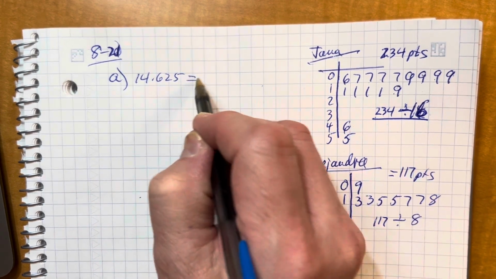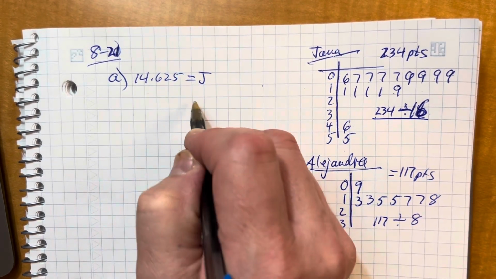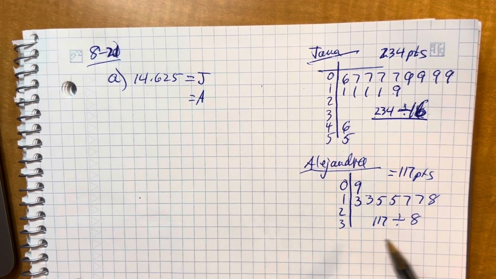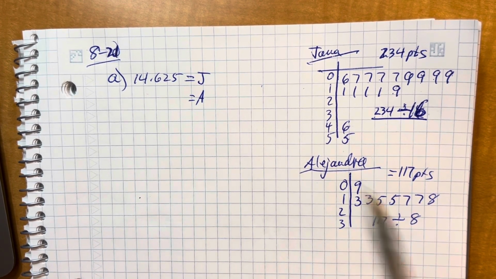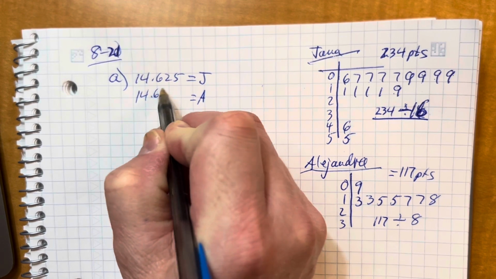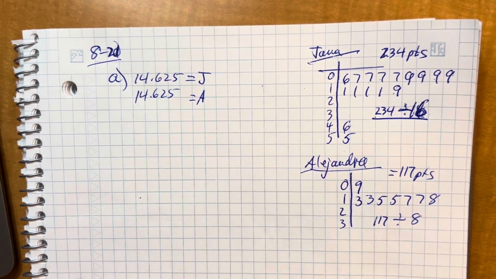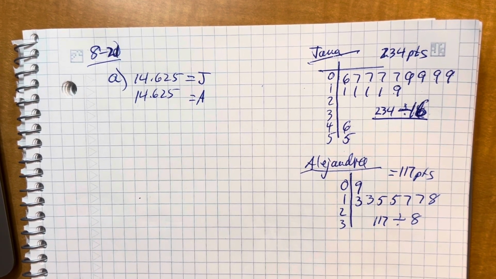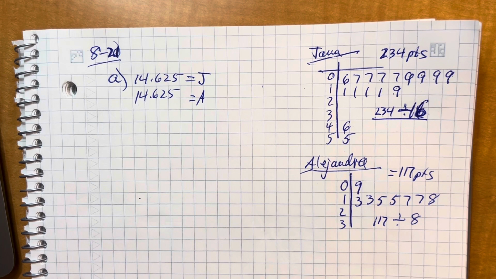That is Jana. Then Alejandra's, when you take 117 and divide by 8, that's the same thing, 14.625. So if the coach said, I wonder, by looking at their stats of scoring, which one would have the higher average? Well, you can't tell. They both have the same exact average.